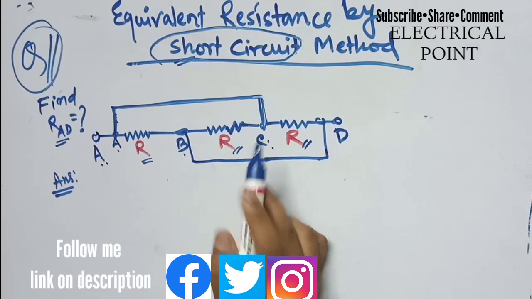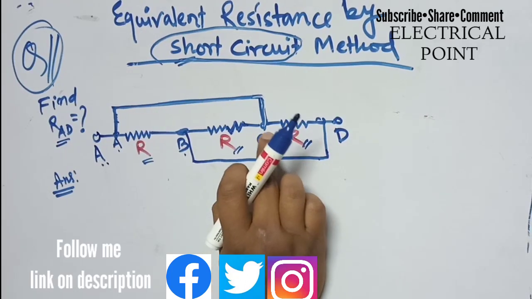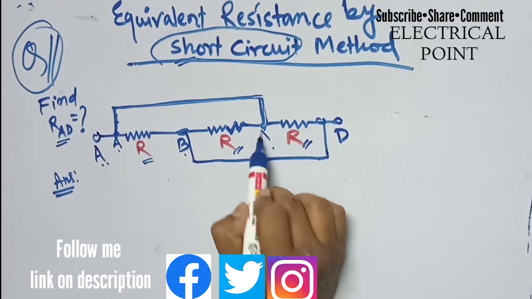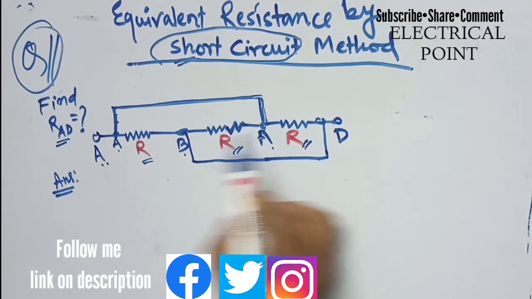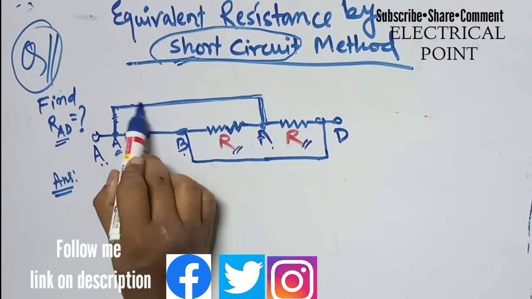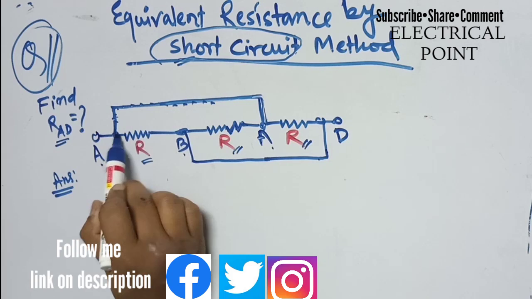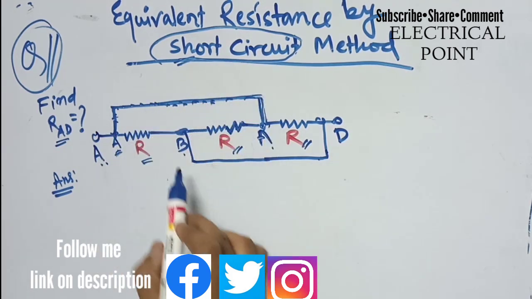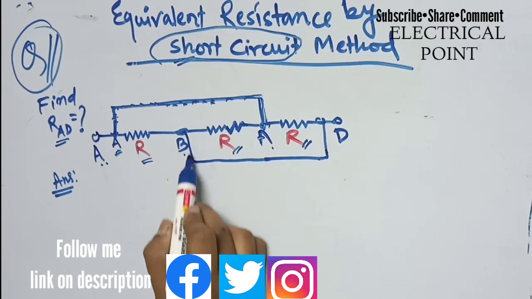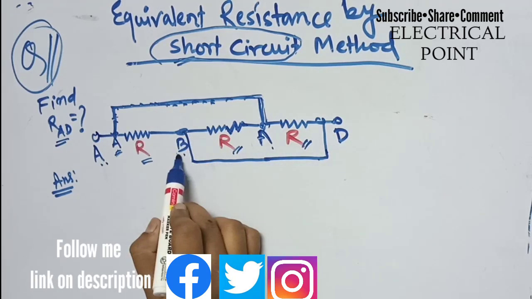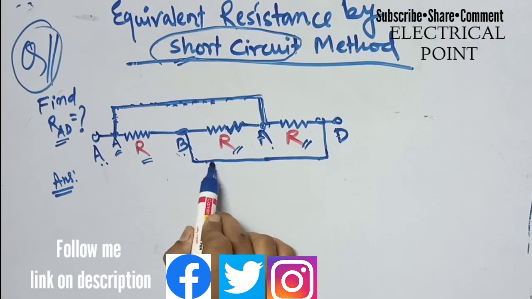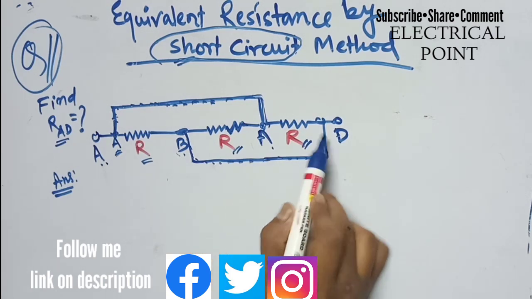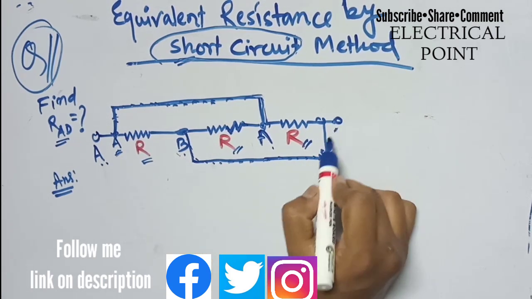So I will simply rewrite this point as the A point, as there is no element here, so the voltages will be the same at these 2 points. Now the second short circuit path is between B and D points. So I will simply rewrite this point also as the B point.